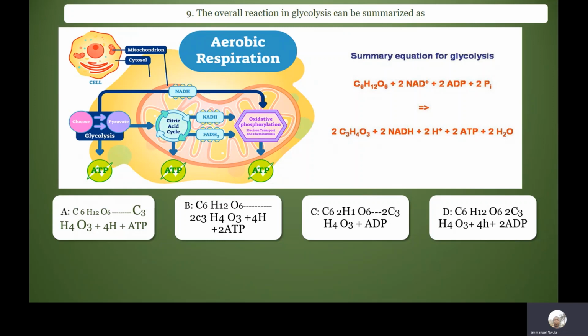So when glucose moves into the cells, it is first broken down in the cytoplasm to a molecule known as pyruvate. This is called glycolysis. Also, 2 ATP molecules are produced, and then NADH. The pyruvate is a 3-carbon molecule. The correct option here is B.